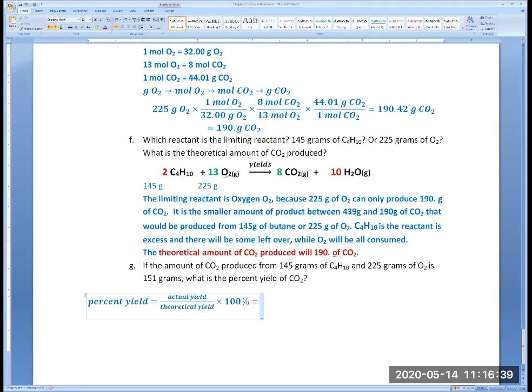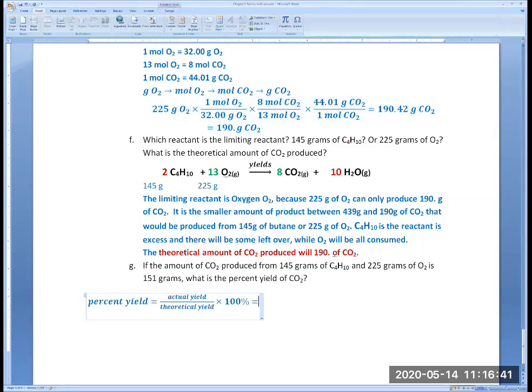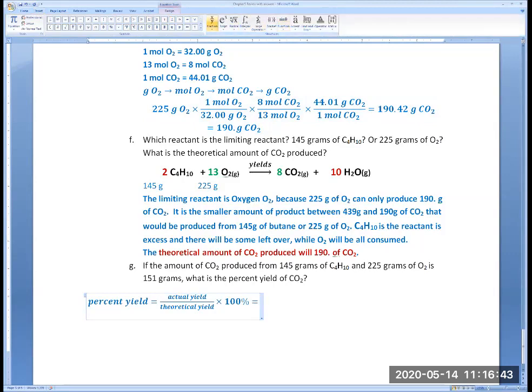So let's just plug in the values and we will have the actual yield is 151 grams. And here we are talking about CO2.